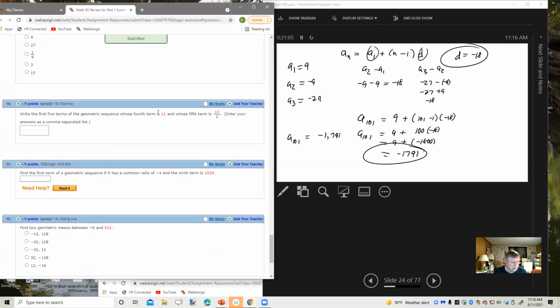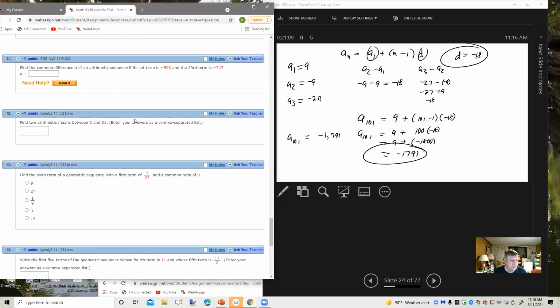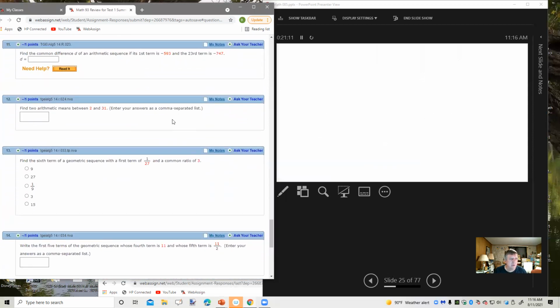Let's see here. How much time? We've got lots of time. We'll keep going. Okay, let's take a look at this next one. Find the common difference d of an arithmetic sequence if its first term is negative 593 and the 23rd term is negative 747.